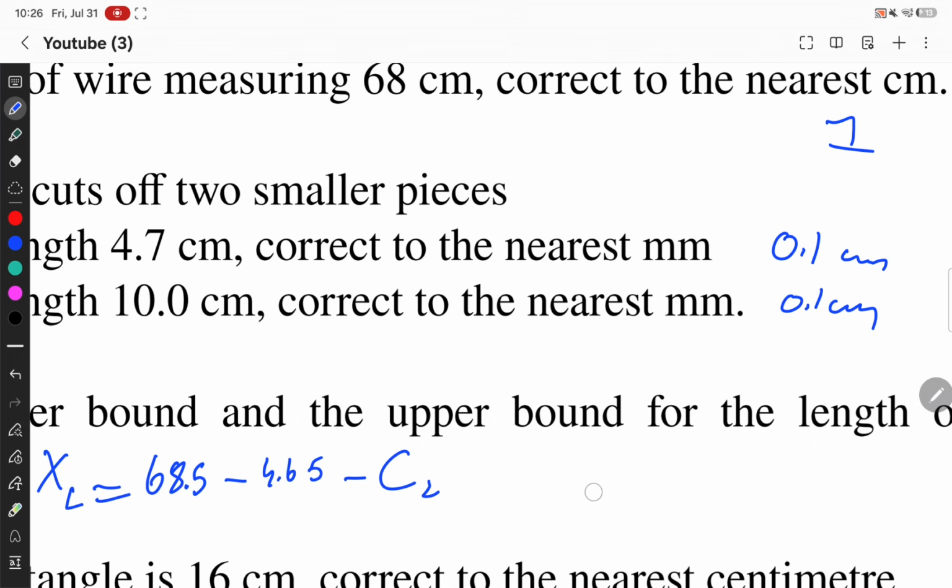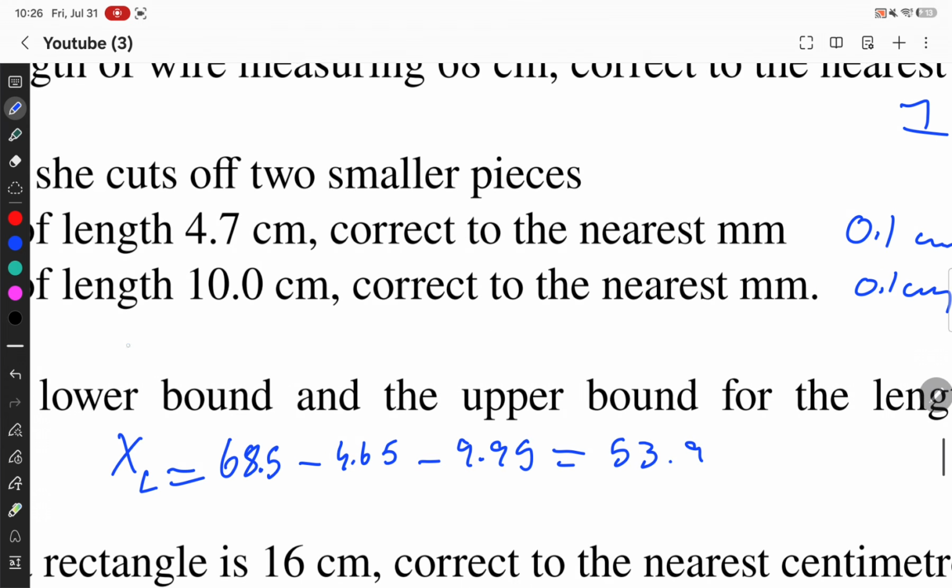And C of L: 10 minus 0.1 over 2. We get 9.95. And so we get the value 68.5 minus 4.65 minus 9.95, we get 53.9.